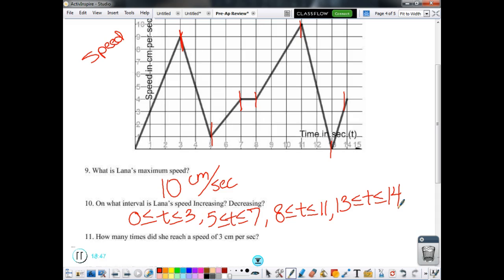How come they have the line under? Well, actually here, when it's talking about increasing or decreasing, it doesn't matter.